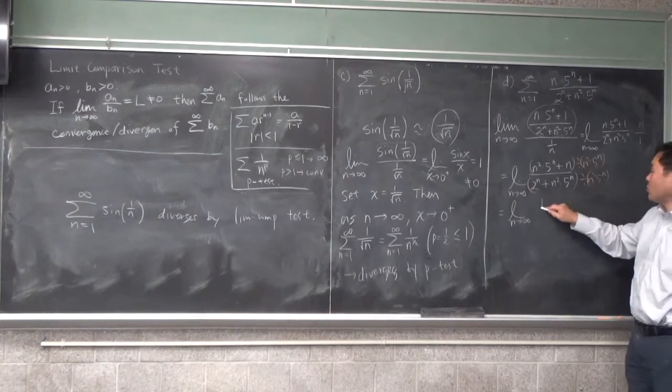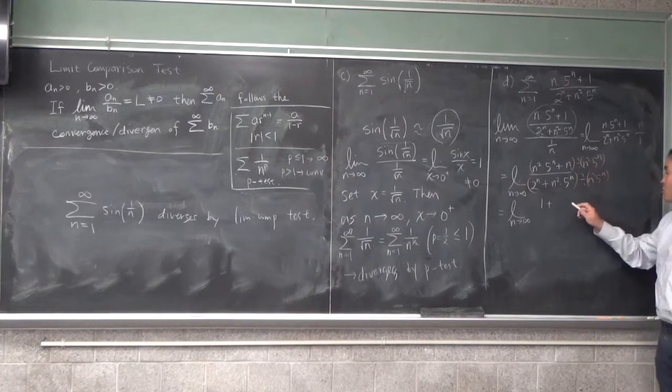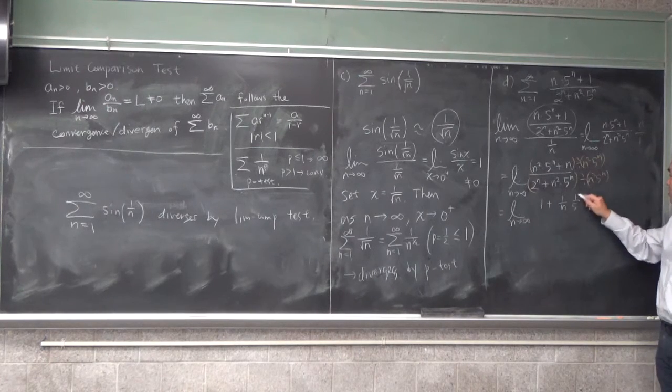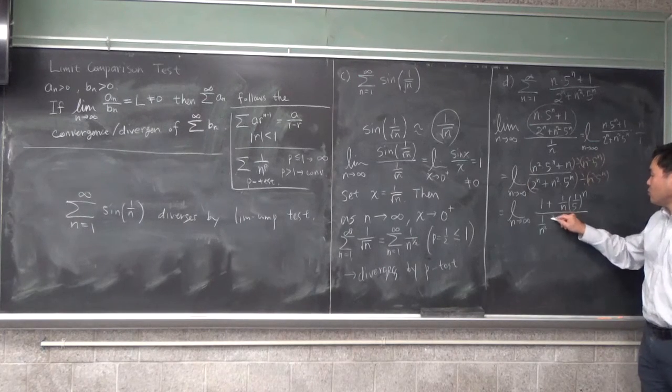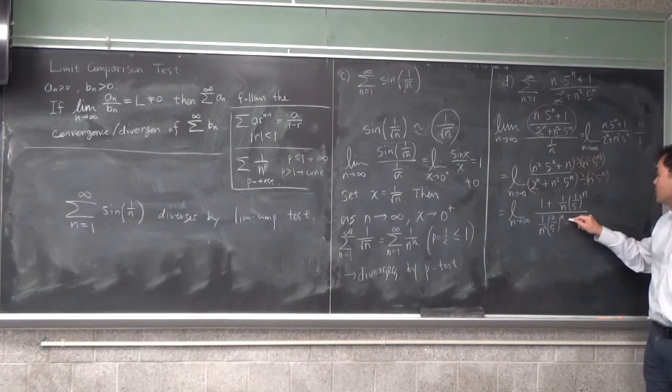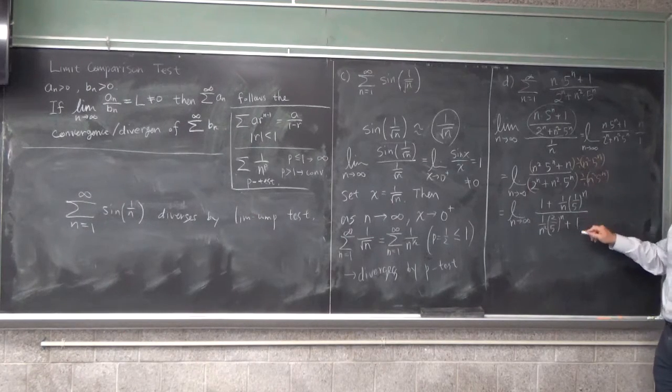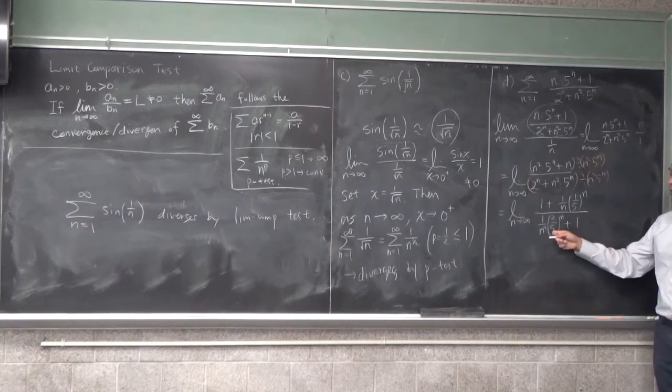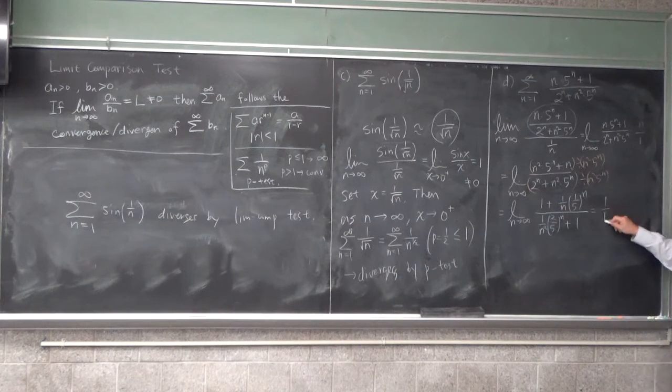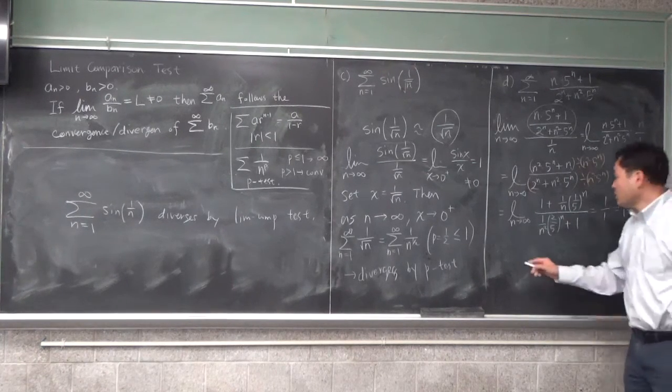Anything divided by itself is 1. n divided by n squared is 1 over n, and you're dividing by 5 to the nth power as well, so it's 1 over 5 to the nth power. 1 over n squared, 2 over 5 to the nth power, and anything divided by itself is 1. So you can see that these go to 0, therefore you get 1 over 1, which is 1, and that's not equal to 0. Oh, when using the limit comparison test, make sure that you write that not equal to 0. That's important.